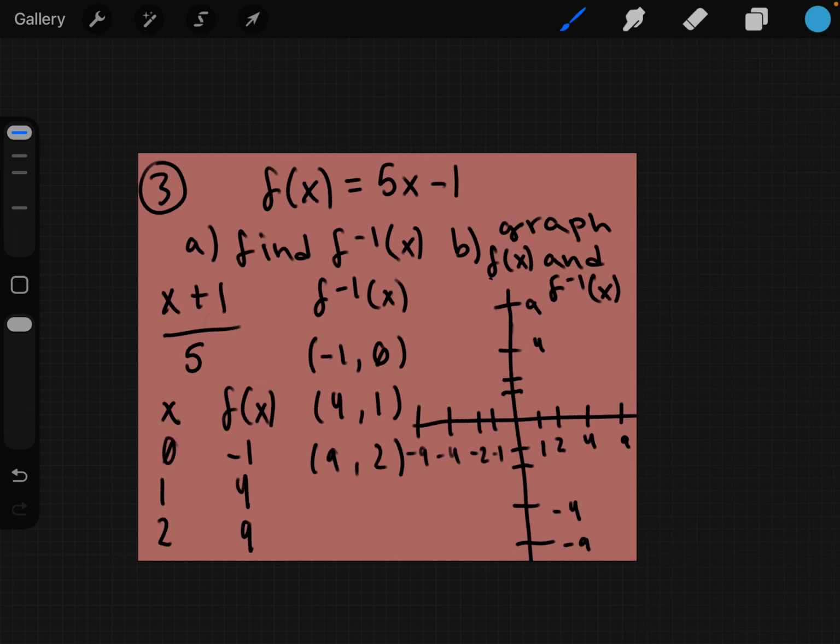Okay, for f of x, we have 0 on x, negative 1 on the y, 1 on x, 4 on y, 2 on x, 9 on y.